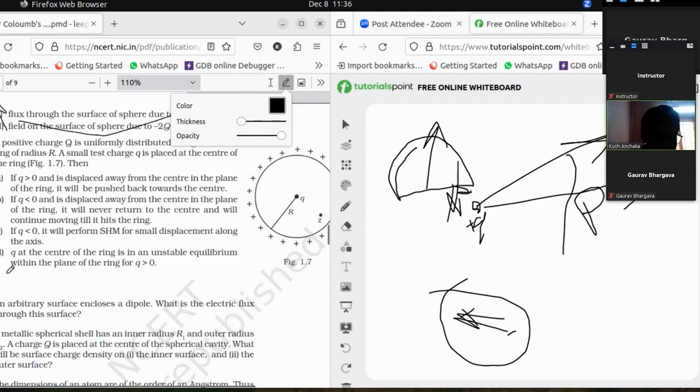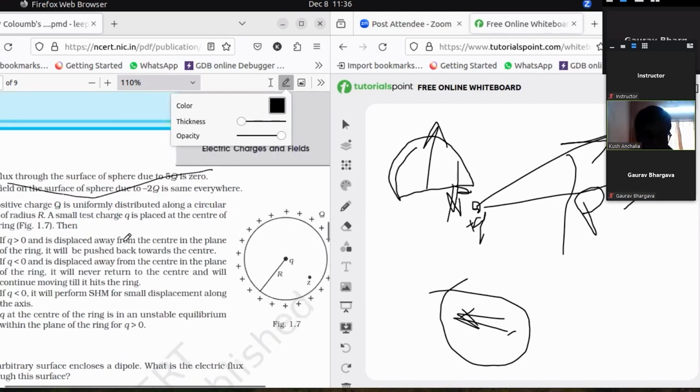A positive charge q is uniformly distributed along a circular ring of radius r. Okay, plus q is there.